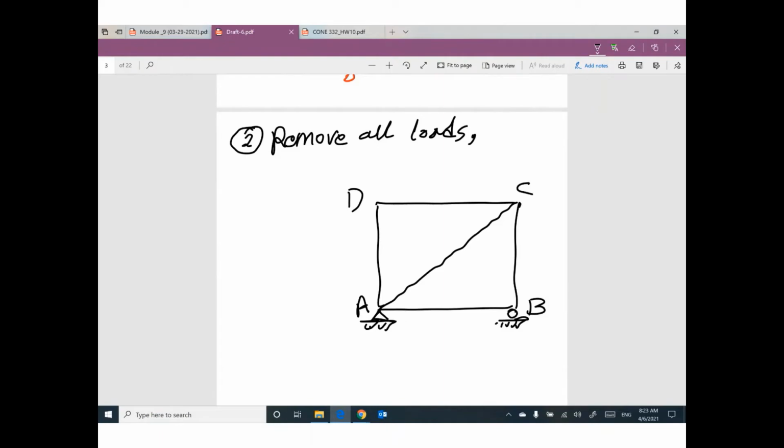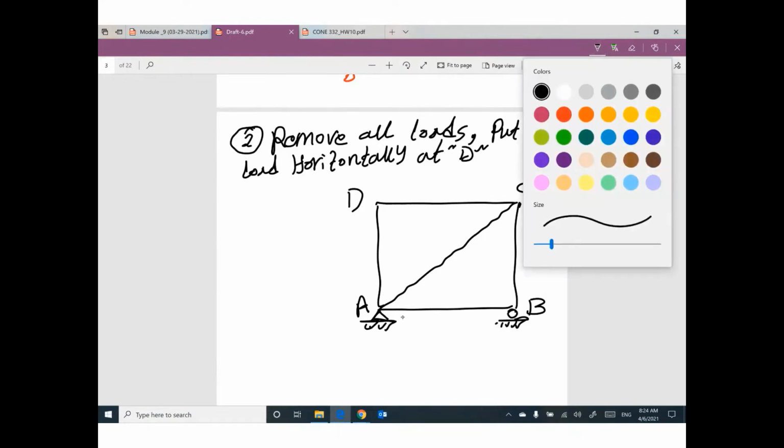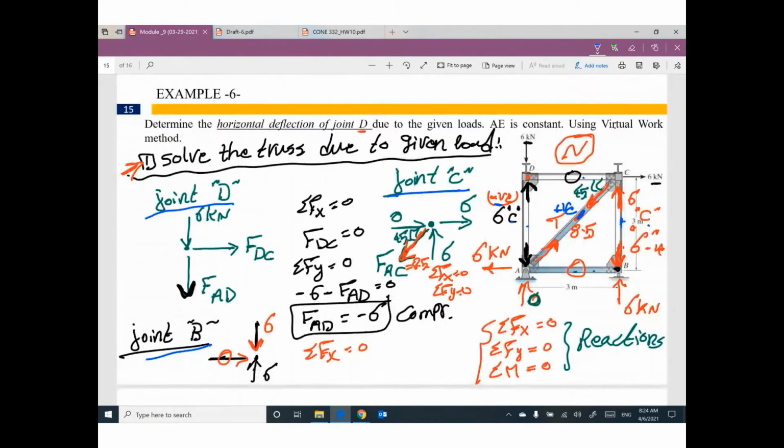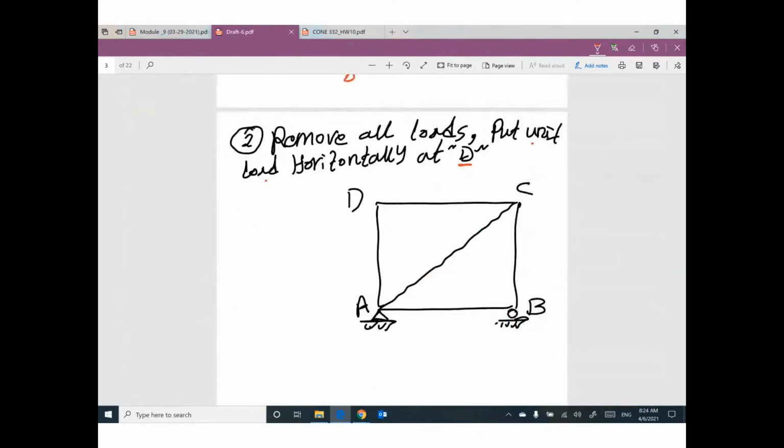After you removed all loads, what should I do? I will put unit load horizontally at D. Why did I put unit load at D? Because the problem asked for this. We are looking for displacement at point D. Why did I put this unit load horizontally?